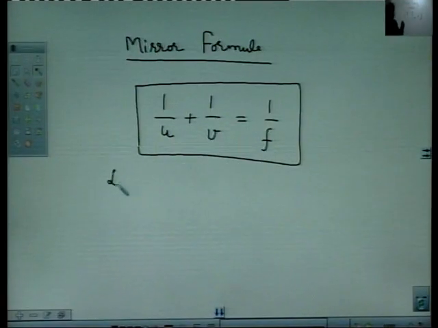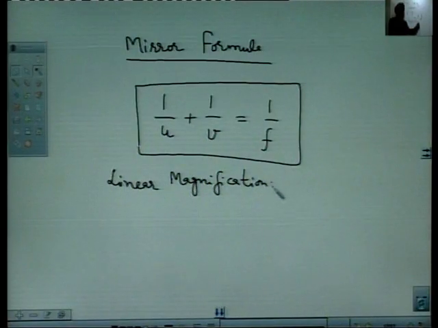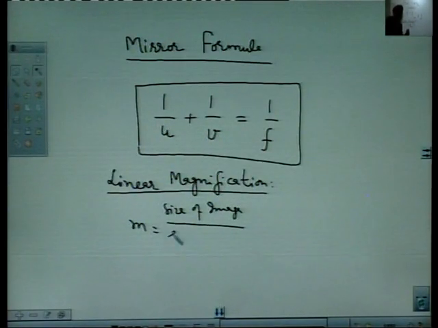And along with this, we have a term which is called linear magnification. It is the ratio of size of image over size of object.